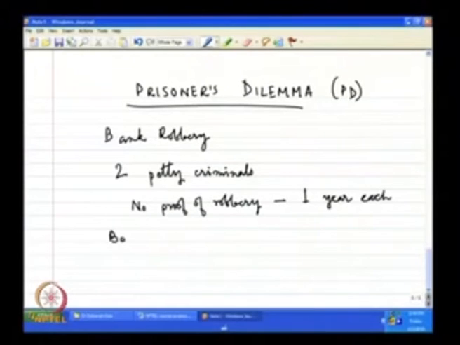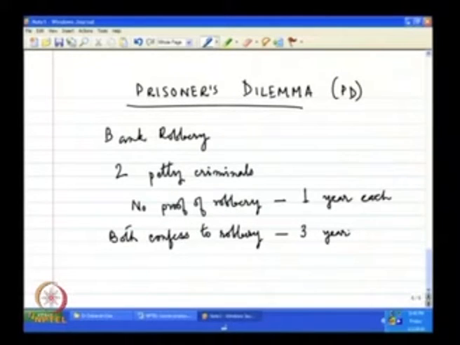If both confess to robbery, then obviously the charge is more serious. They have committed the crime, it is admitted by them. Then both of them go to jail for 3 years each. So these are sentences.